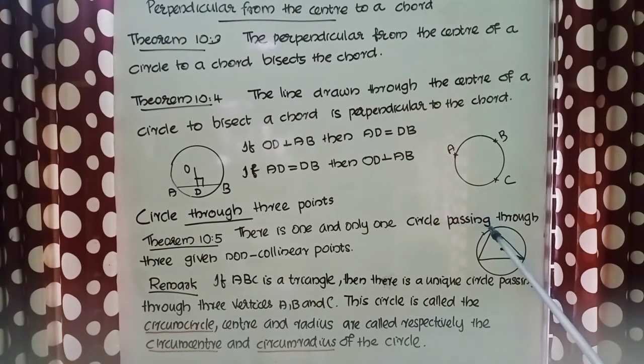That means a triangle ABC, then we can draw only one circle passing through the vertices A, B and C. Such a type of circle is known as the circumcircle. The circle which is drawn on the vertices of a triangle, that is known as circumcircle. The center of such a circle is known as circumcenter and the radius of such a circle is known as the circumradius.